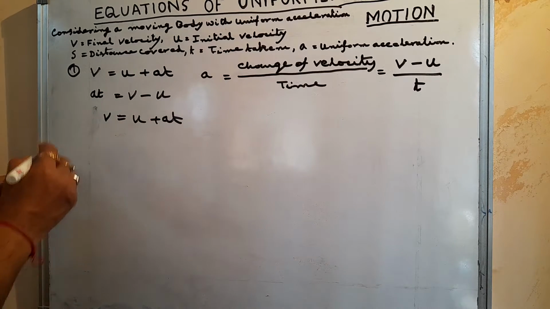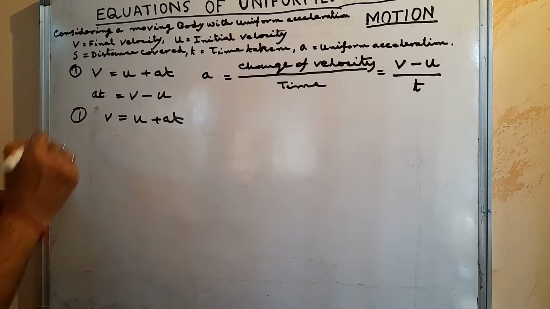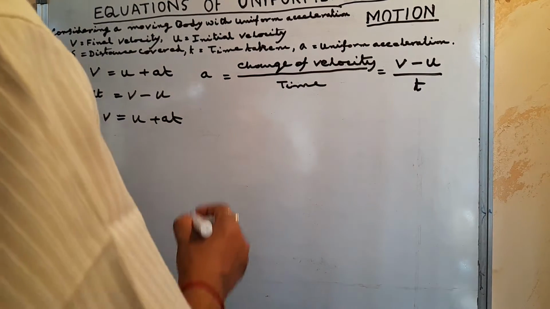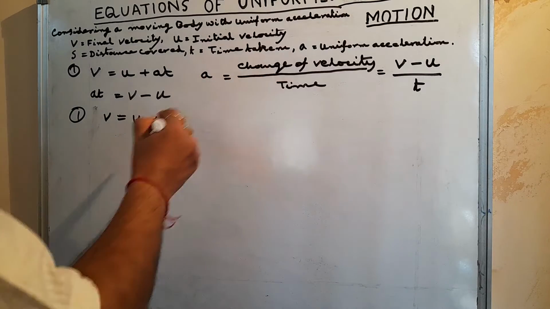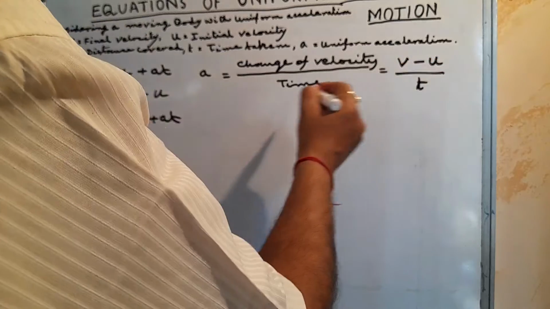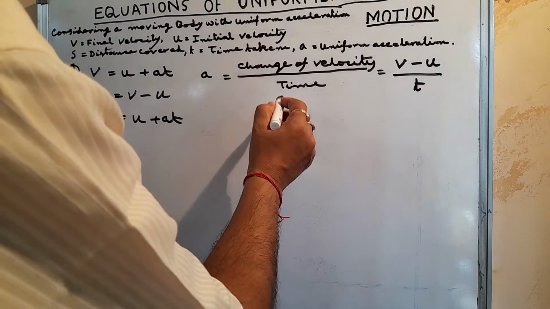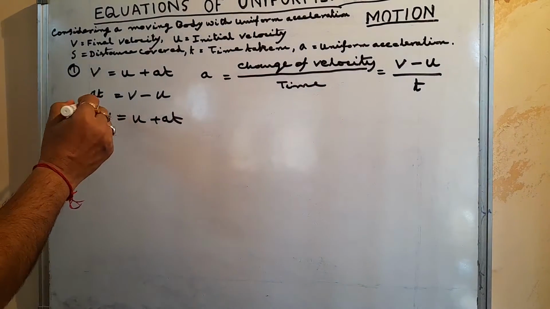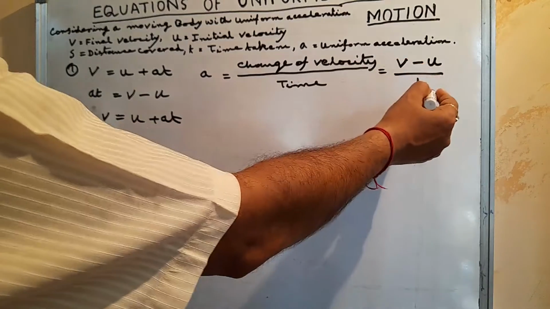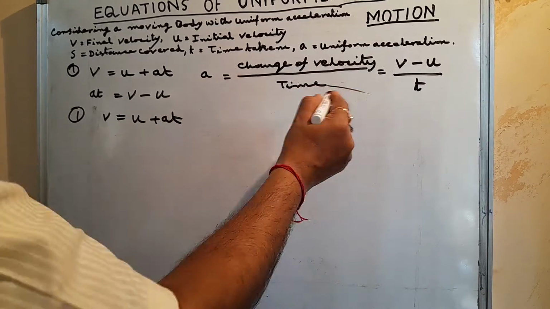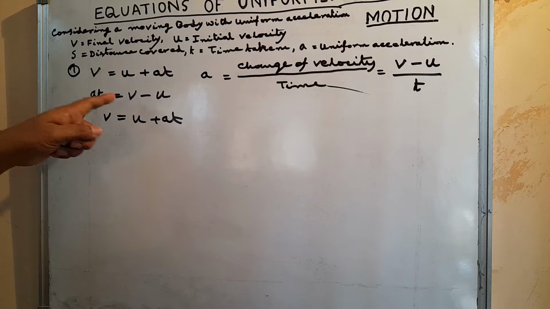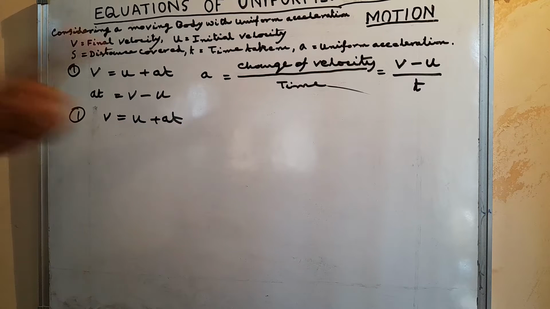This is the first equation of motion, which comes from the acceleration equation a equal to change of velocity, v minus u by t. From this we get at equal to v minus u. So the first equation of motion is v equal to u plus at.